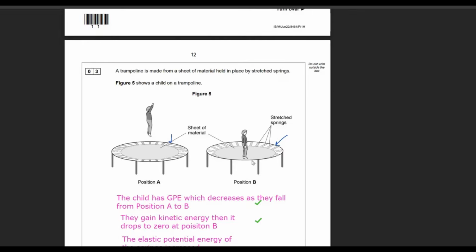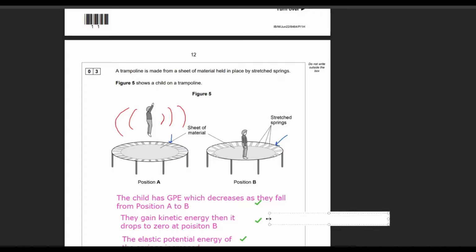Now, the 4th mark was to say what happens to the surroundings. So what we're thinking about with this child is as they fall, how is some energy transferred to the surroundings? There's probably a bit of a noise. So sound is radiated away, but we've also got heat being radiated away or escaping.